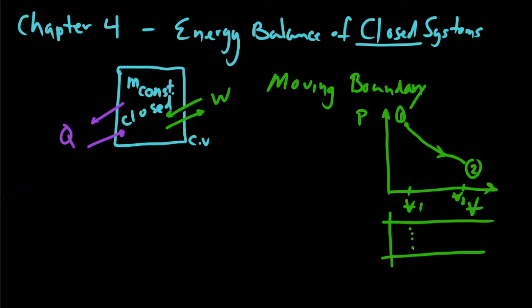Imagine a piston chamber with a piston at an arbitrary location, and we're going to move it to another location at some time in the future. These little arrows represent the pressure along the surface of this piston.